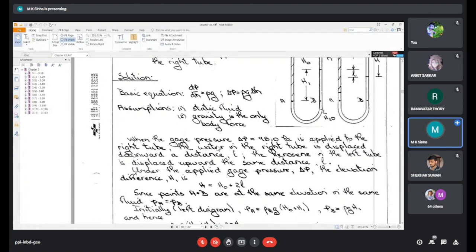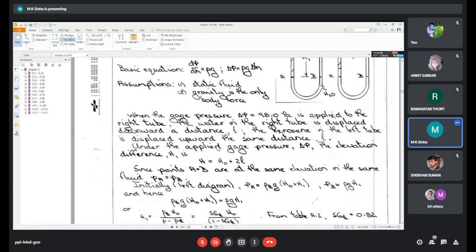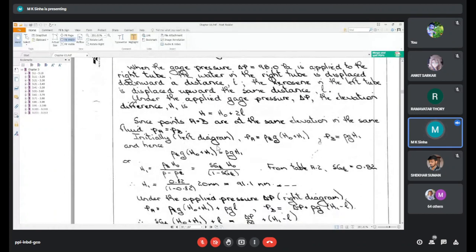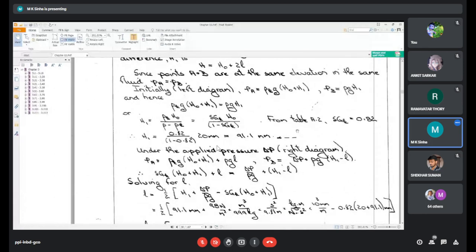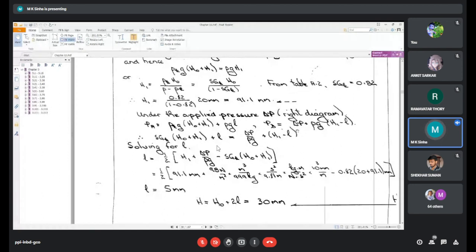Then rho g H0 plus rho g H1 comes out in terms of the specific gravity from the given data. Solving for L, this gives you 30 mm.